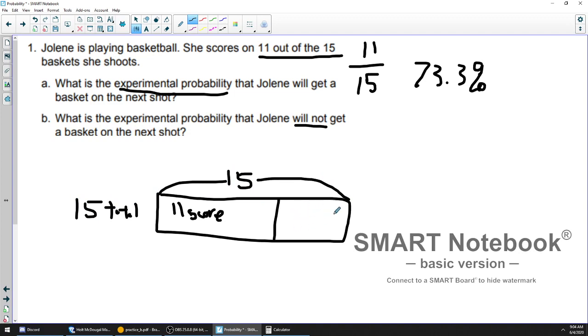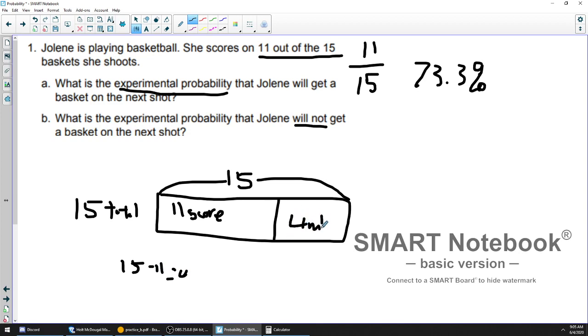what's my missing part? If you remember a long time ago, you probably were taught part whole, or learning that to find the complement or the other part, you have to subtract. So 15 minus 11 equals 4.